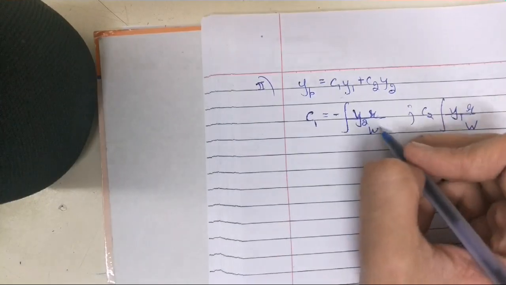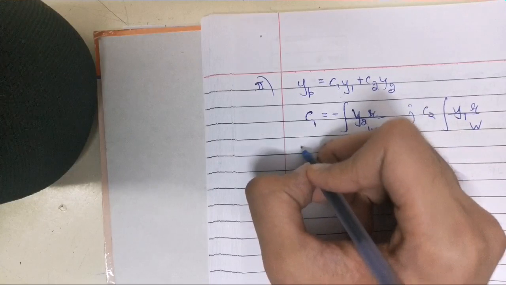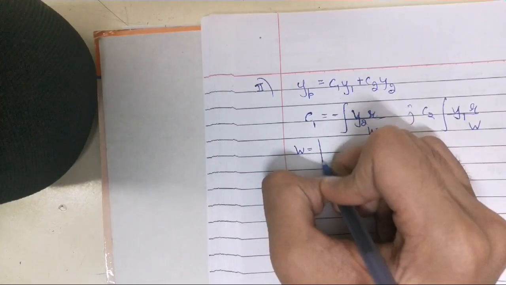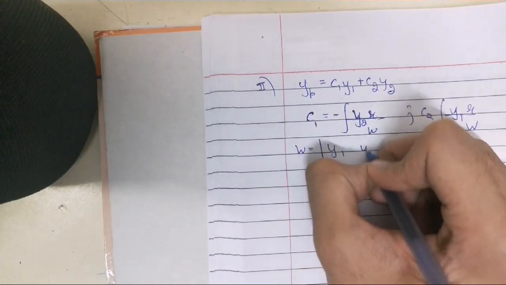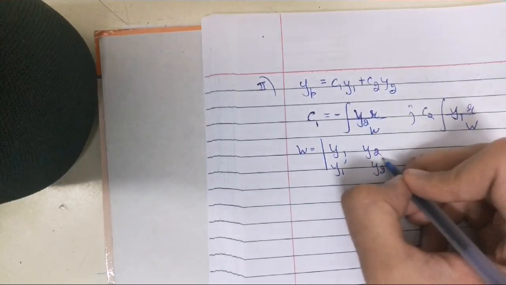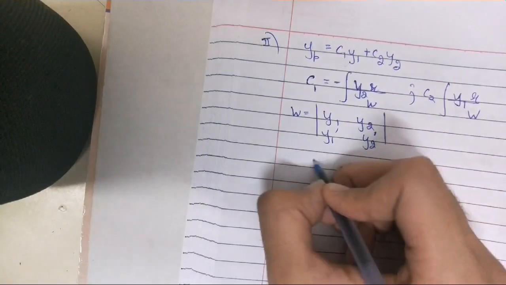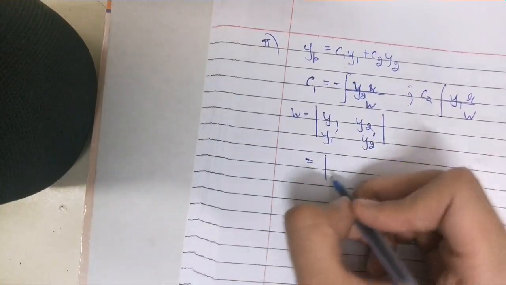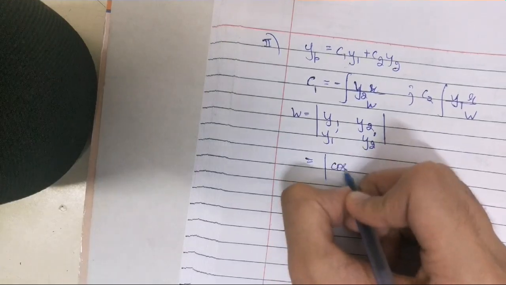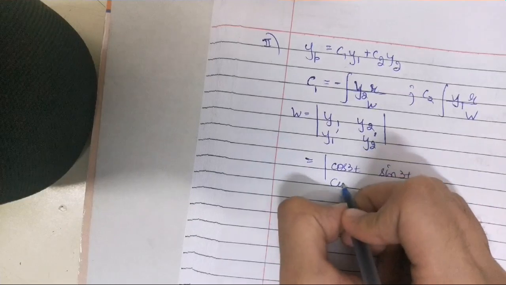Let's see what these R and W are. So W is basically the Wronskian, that is given by the determinant of y1, y2, y derivative 1, y derivative 2. Let's find the value for W in this case. Y1 was cos 3t, y2 was sin 3t.